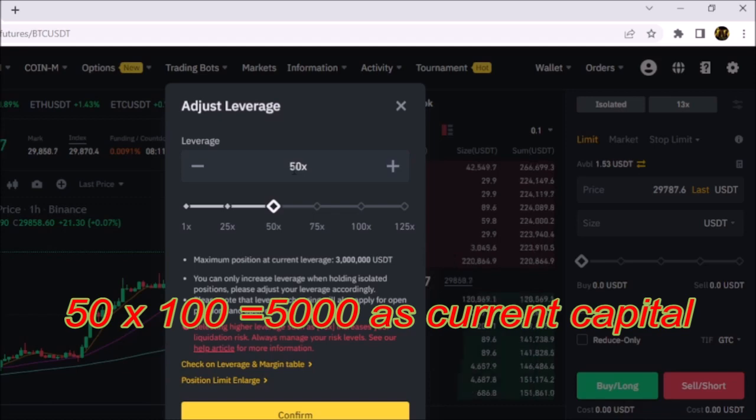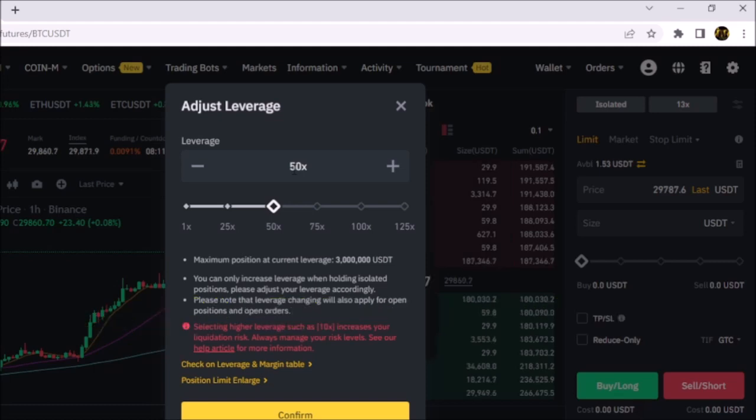So on your account, you'll be trading using 5,000 instead of the 100 that you had at first. So if you decide to use maybe 24, they will use that 24 times the amount that you have on your account. That will be the capital that you'll now have to trade.